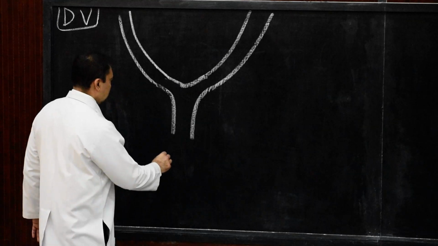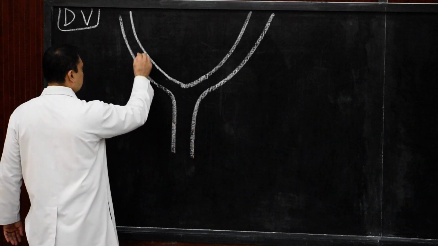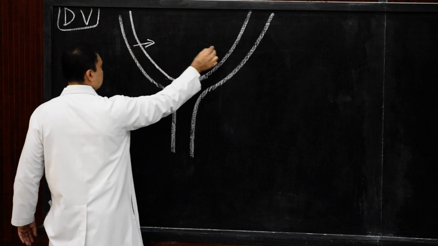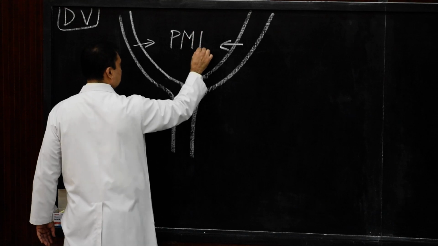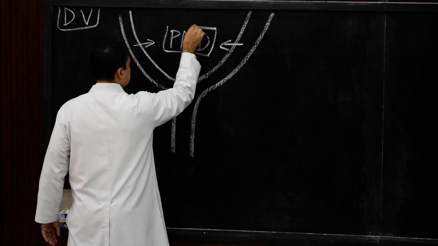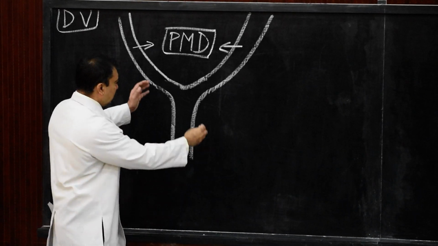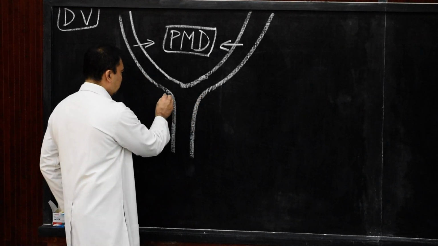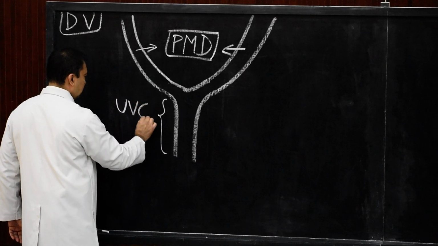So this is the uterovaginal canal, and here we will mark these two structures as paramesonephric ducts, which are also called Mullerian ducts. The lower caudal vertical part after fusion will develop into uterovaginal canal.